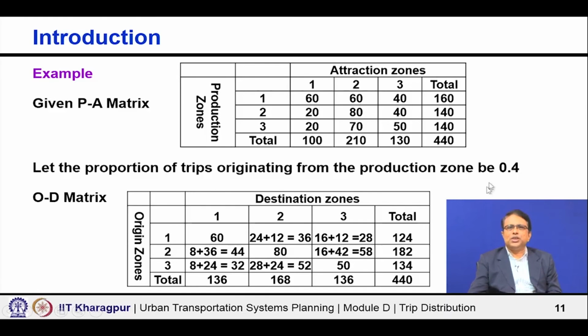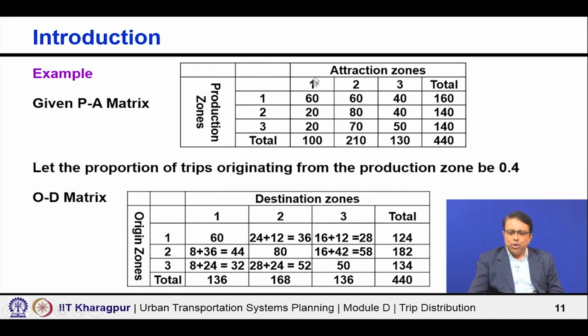Now, if we assume that 40% of the trips are actually being made from the zone of production to zone of attraction in that direction, and 60% is being made in the reverse direction.